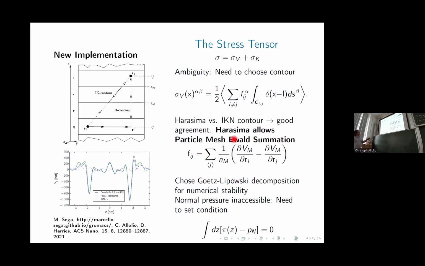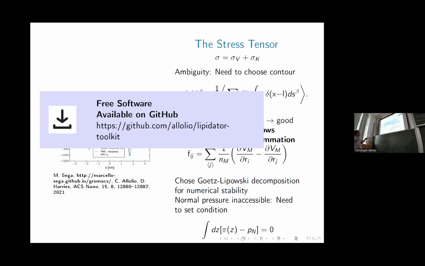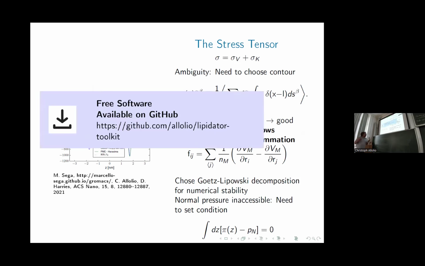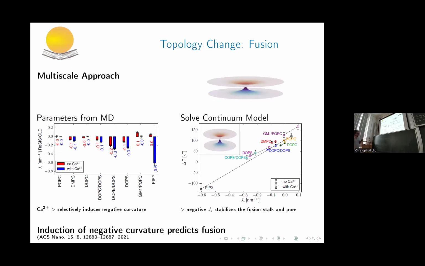Then we use a force decomposition for the many-body terms, and after sampling we obtain profiles like these, which give us the lateral pressure distribution inside a membrane simulation. From this we can obtain the coefficients of the theory. And this is all available online. You can download it and play with it if you want.